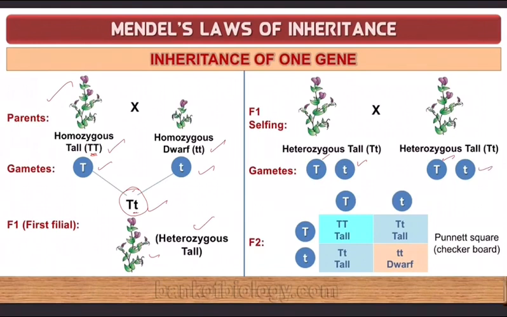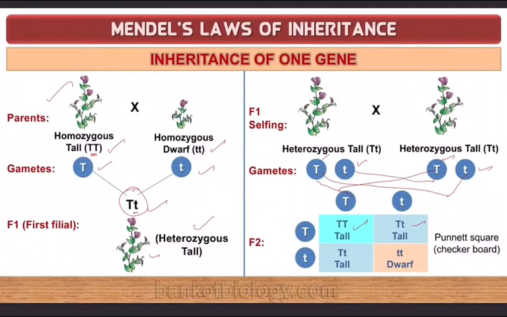And when selfing takes place between the heterozygous plants, capital T, small t, the gametes formed from this plant are capital T and small t, and from the other parental plant also, since its genotype is capital T, small t, it will be capital T and small t.